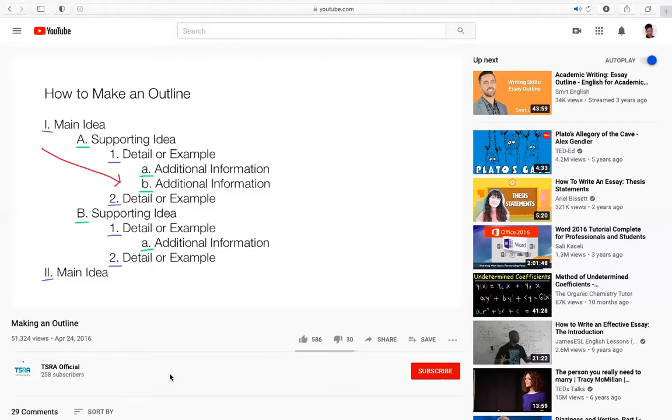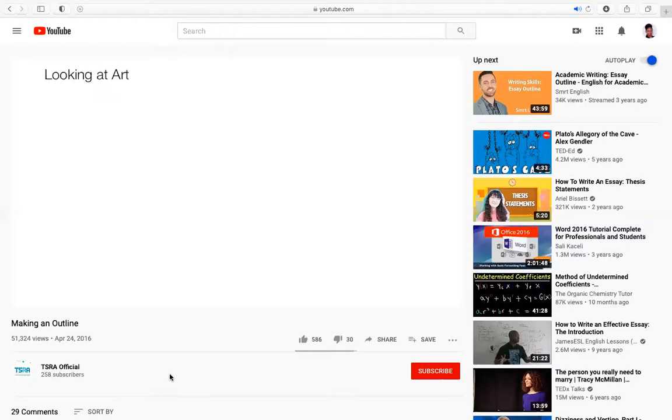Now let's practice outlining by making an outline about something we already know, like the describe, relate, interpret process we introduced in the Looking at Art video. First, let's title this outline Looking at Art. The easy part in this case is the main ideas, because we already have them: describe, relate, and interpret.